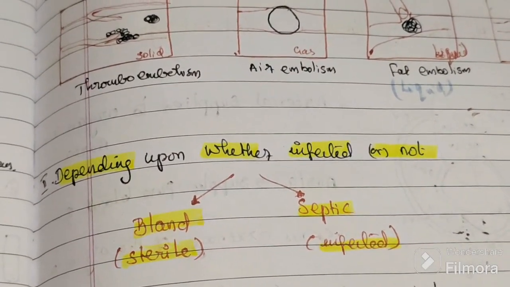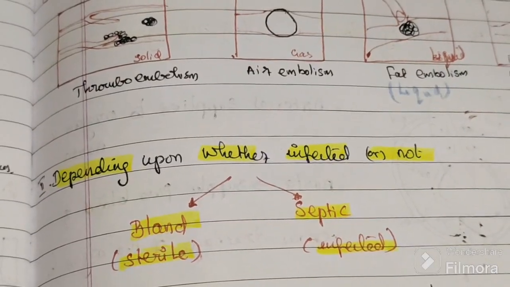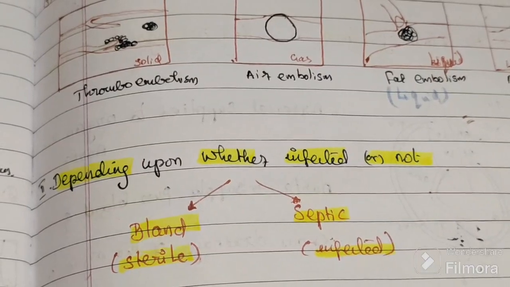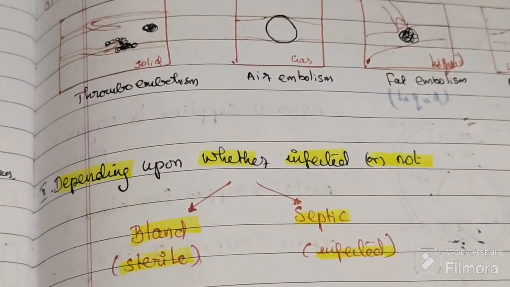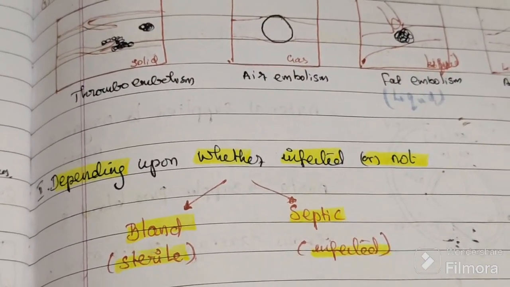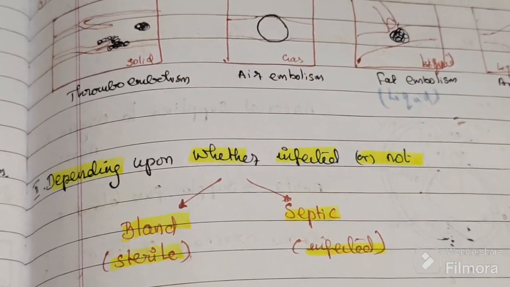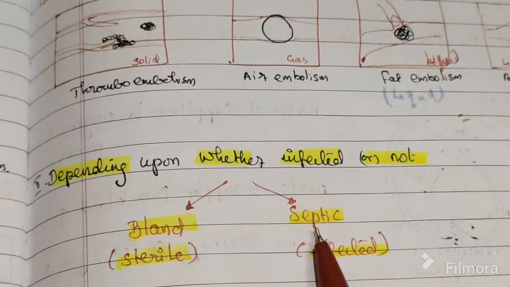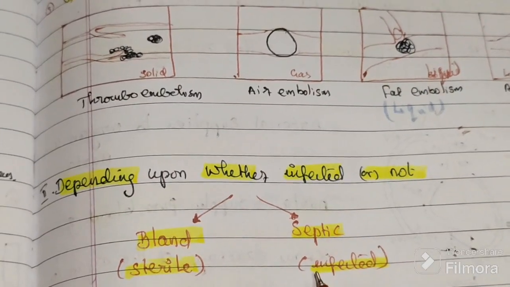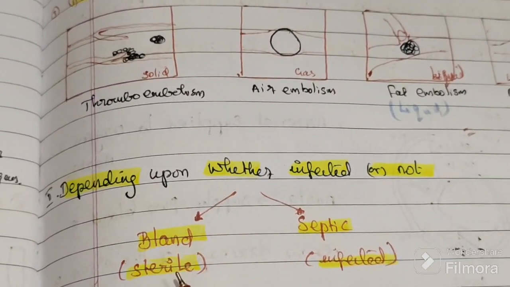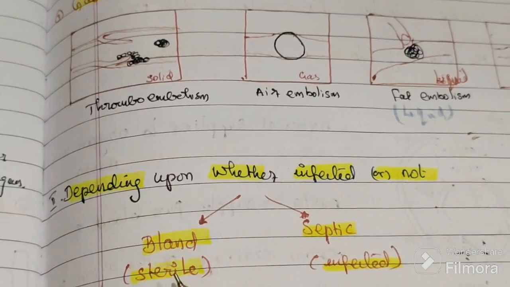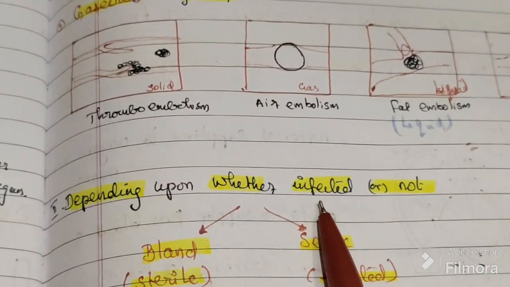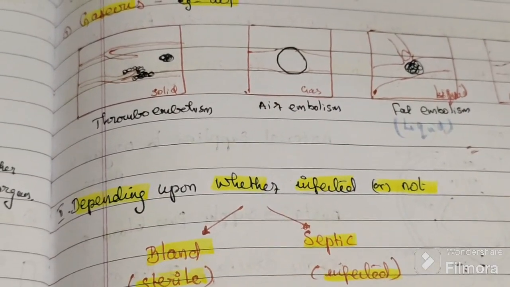They can be of two types, whether they are present in an artery or a vein. If present in an artery, they are arterial type. If present in a vein, they are called venous type. So bacterium present means septic; sterile, no microorganism, means bland. So based on infection, there are two classifications.